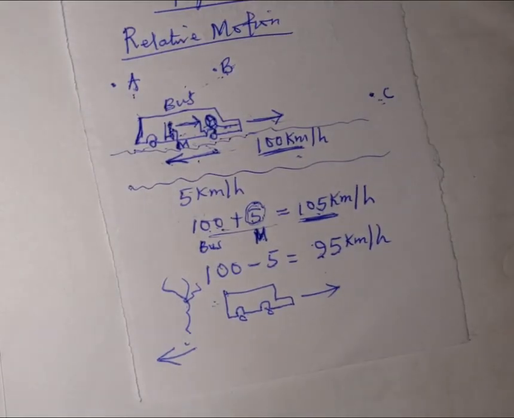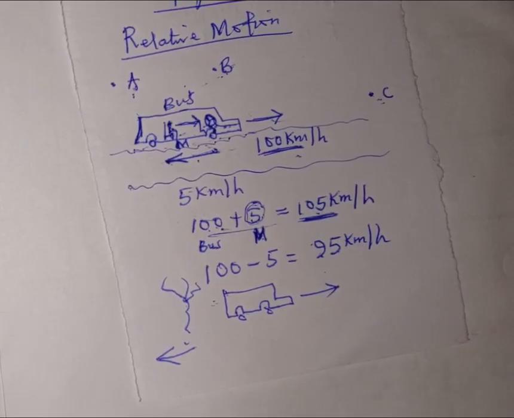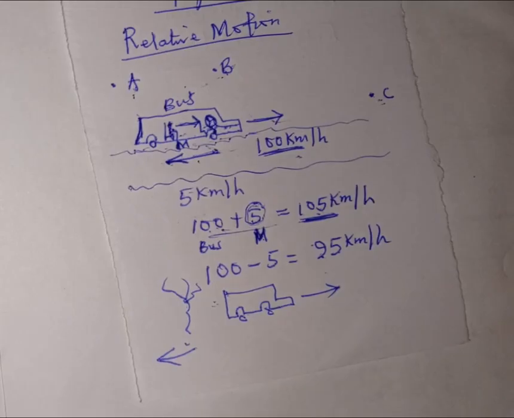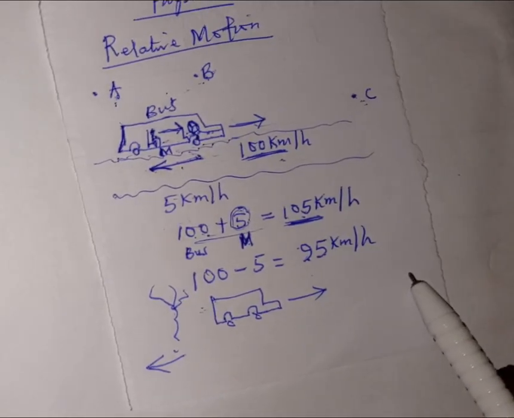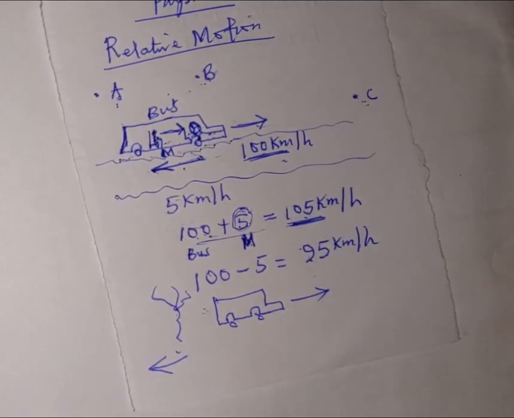Since the earth is moving, we tend to look at the sun as if the sun is moving. It's an illusion created by relative motion effect. So that is what we can say for today in relation to relative motion.